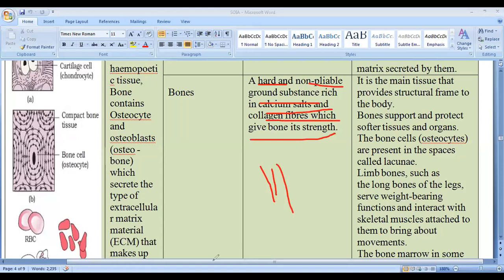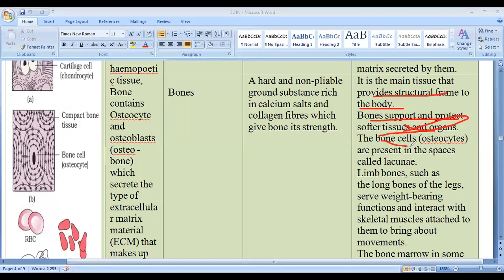If you see the function of bones, it performs different functions. First, it is the main tissue that provides the structural framework to our body, because our endoskeleton is made up of bones, and we have 206 bones. Bones support and protect the softer tissues and organs, and are also involved in locomotion and movement.